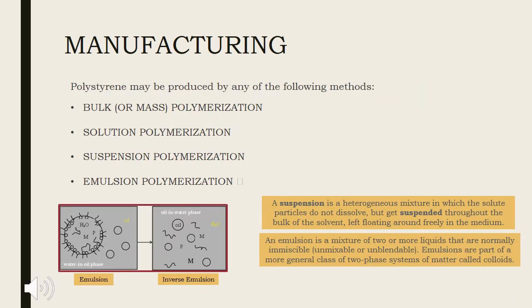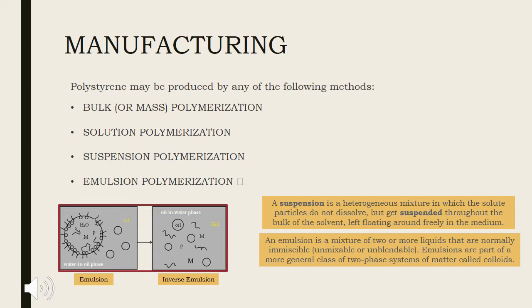Polystyrene can be produced by four different polymerization techniques: bulk or mass process, solution or modified bulk process, suspension process, or emulsion process. In bulk process, no solvent is used.